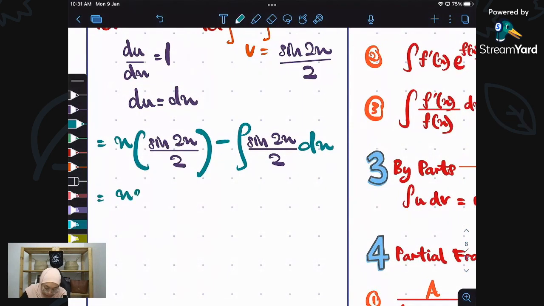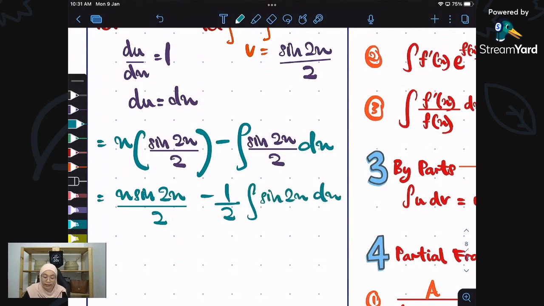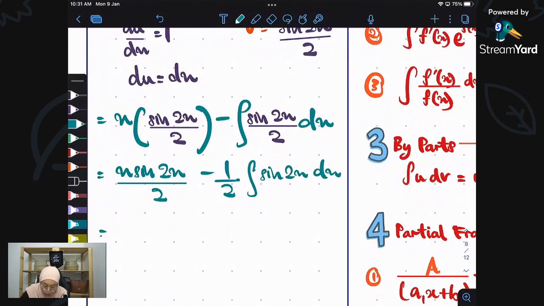And then what can I do here is I simplify it. I will get 1 over 2 bring outside. I'll get this. And then I almost finish.